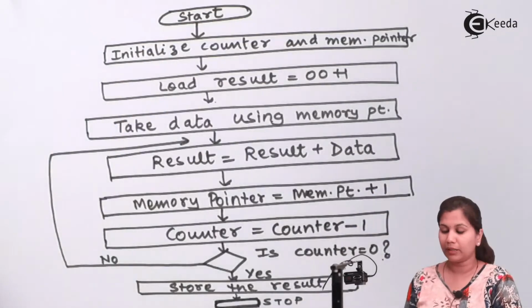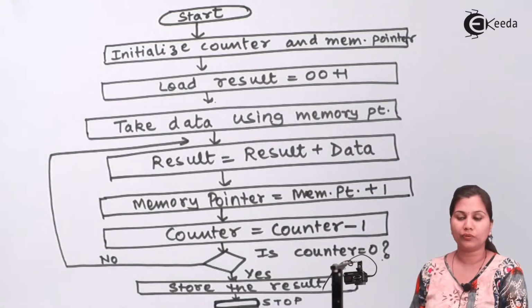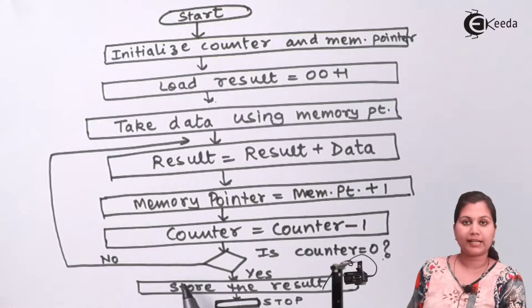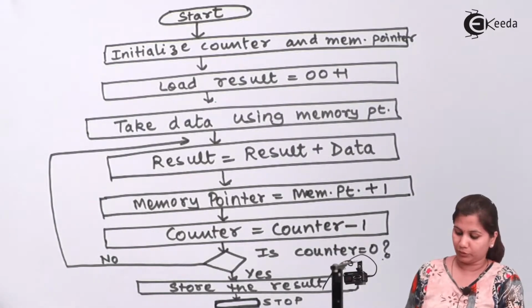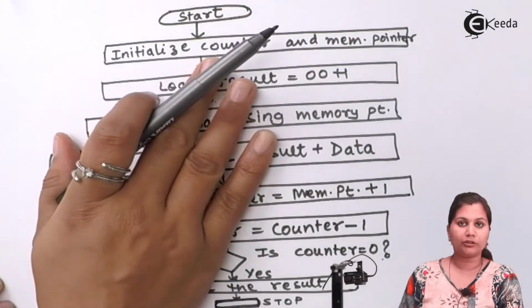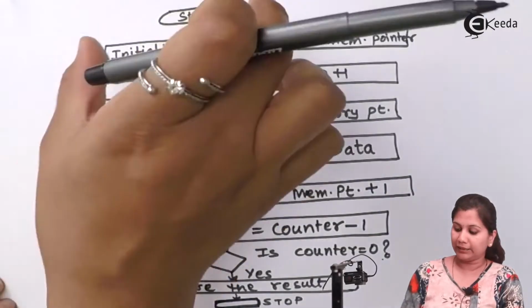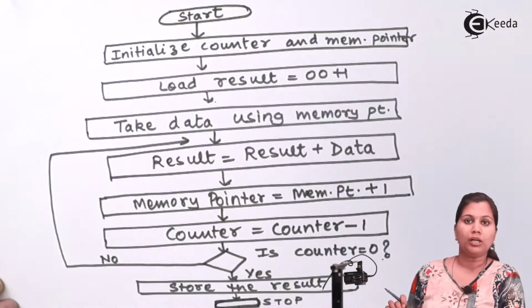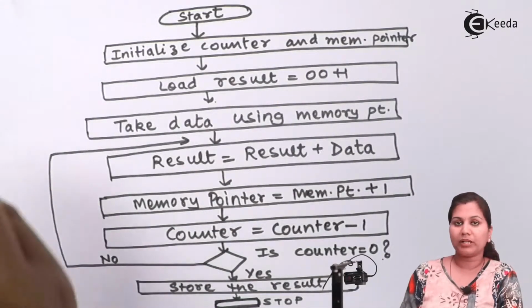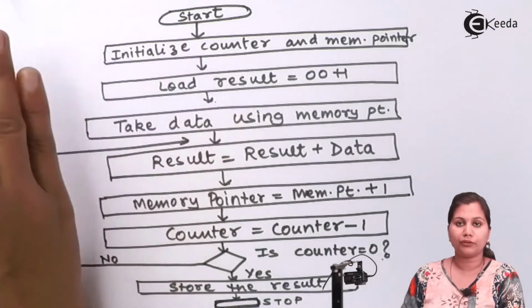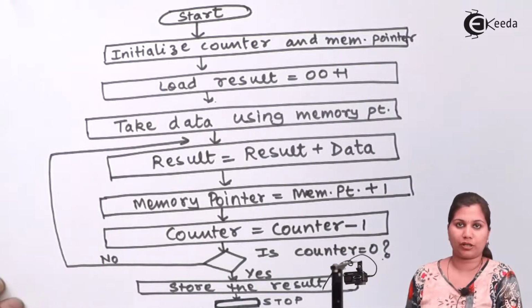Start and stop, these blocks are shown in the oval. Again, all the others are shown in the parallelogram form, in the rectangular form. Okay, so this is the flow chart of the program, that in this way we have to follow the steps, follow the sequence. Now we are going to replace these blocks of the flow chart with the instructions.